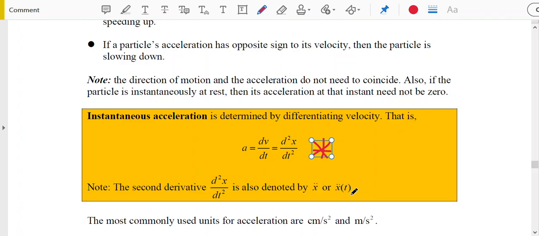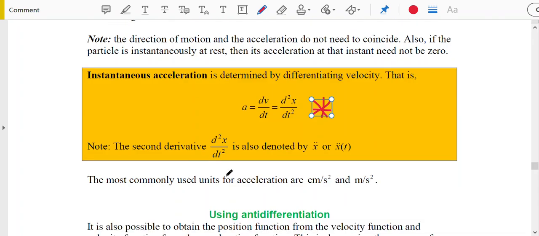And we could use the dot notation and we would put two dots because it's the second derivative. So acceleration equals x of t with two dots on the top, meaning the second derivative of position. Okay, and the most commonly used units for acceleration are centimeters per second squared or meters per second squared.